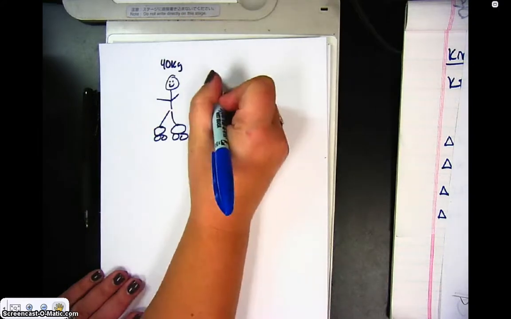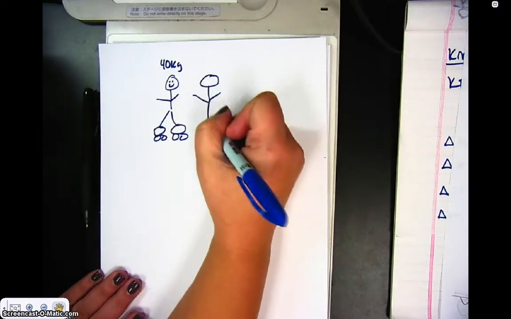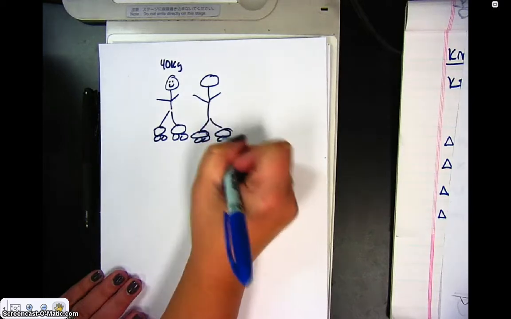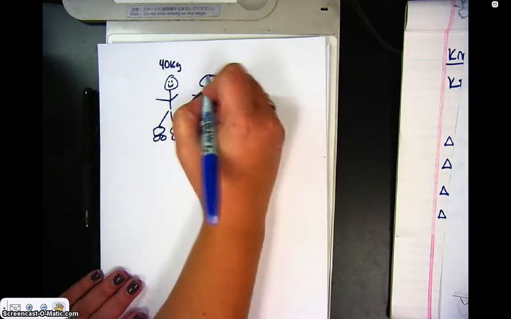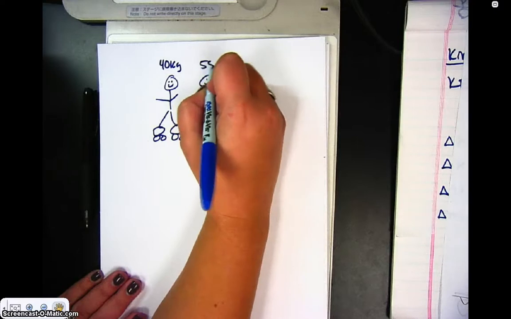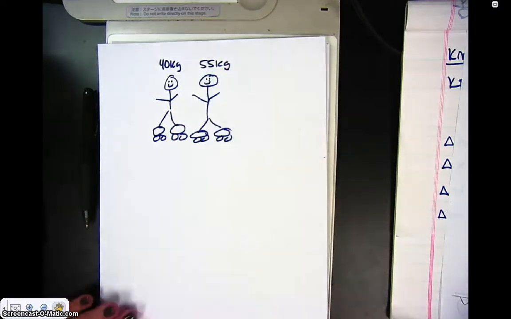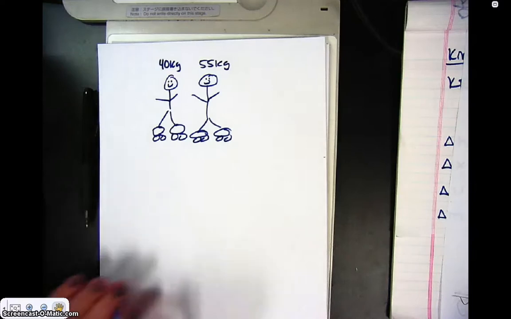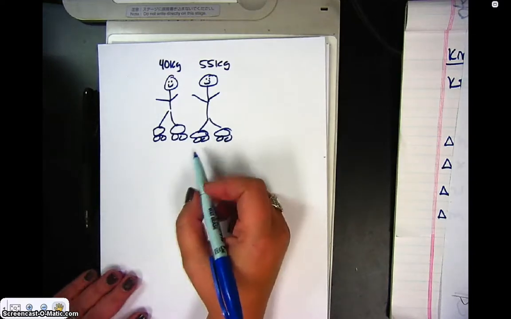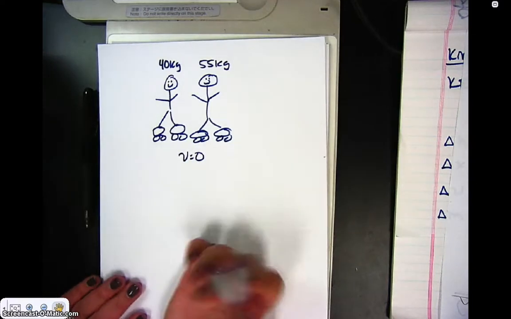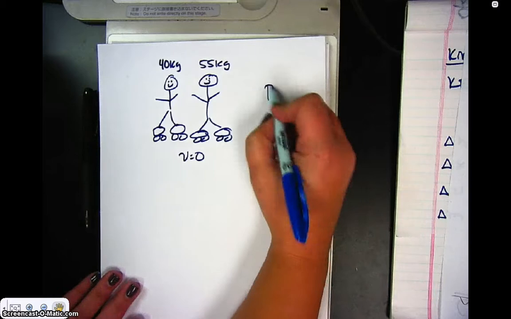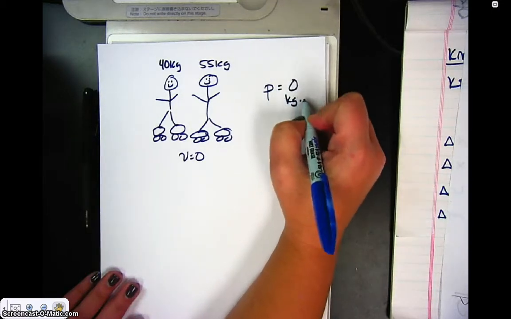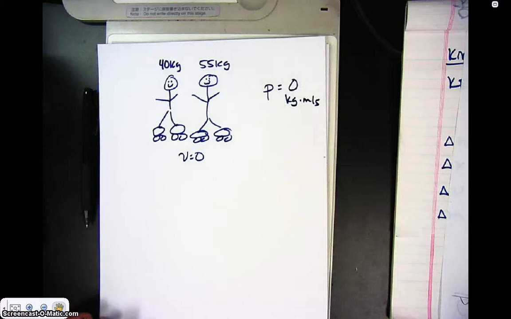And then you have a friend here, also on roller skates, that has a mass of, say, 55 kilograms. If they're just standing there and they're not moving at all, their velocities are 0, so the momentum before would be 0 kilograms times meters per second.